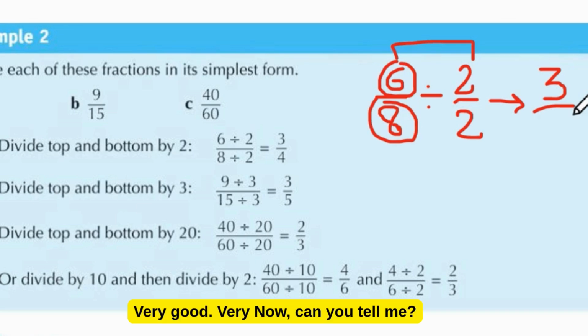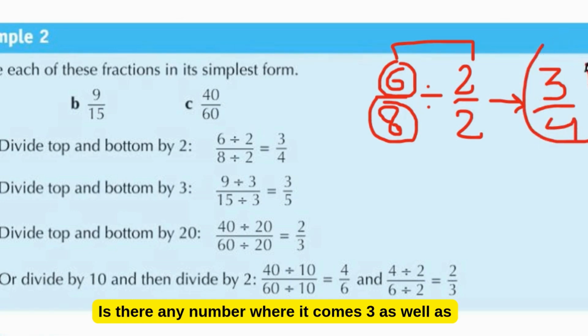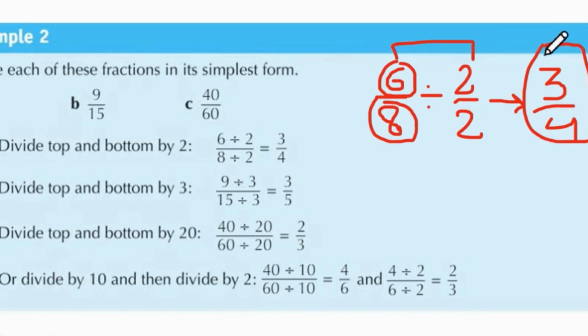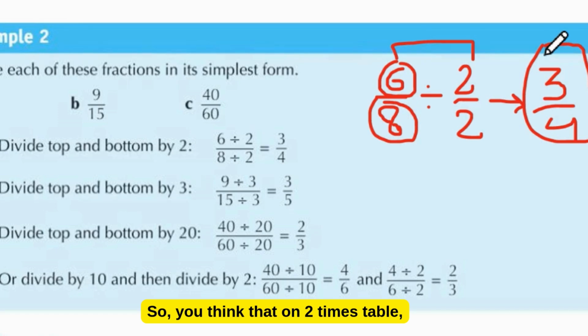4. Very good. Now, can you tell me, is there any number where 3 as well as 4 come? 1 and 2. Okay, so you think that in the 2 times table 3 as well as 4 come.